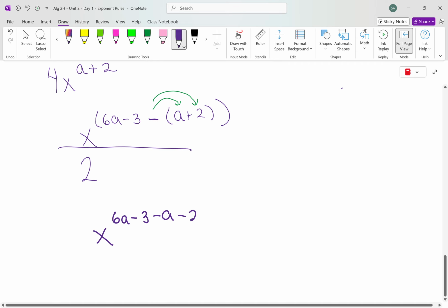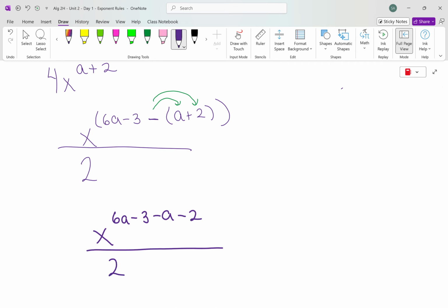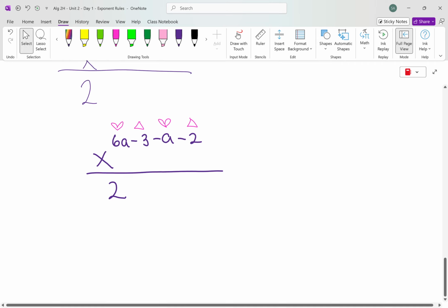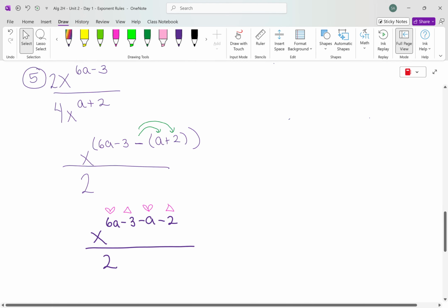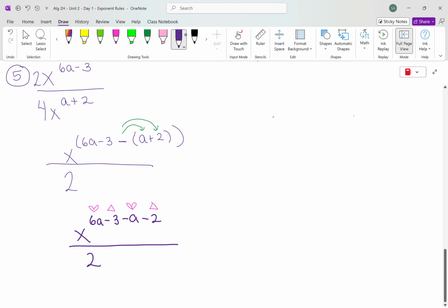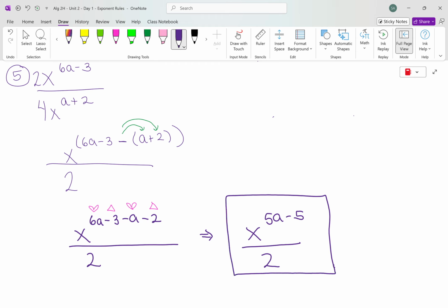So we end up with x raised to the 6a minus 3 minus a minus 2 all over 2. We're going to combine our like terms. So we're going to have x raised to the 5a minus 5 over 2.